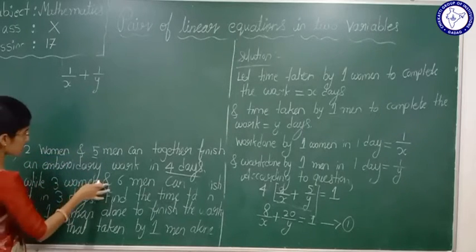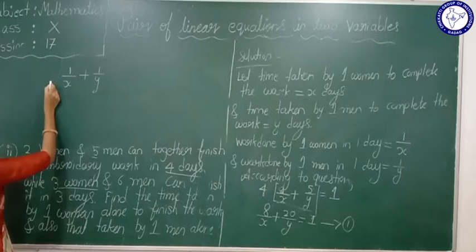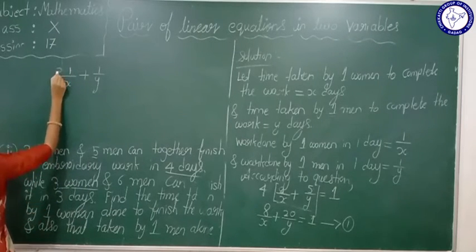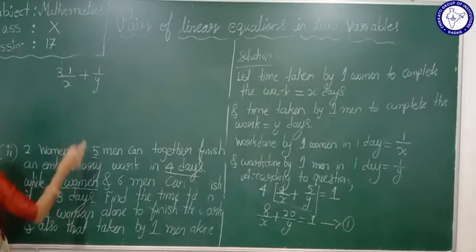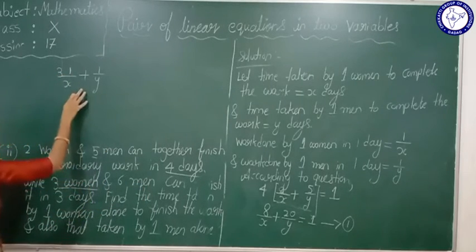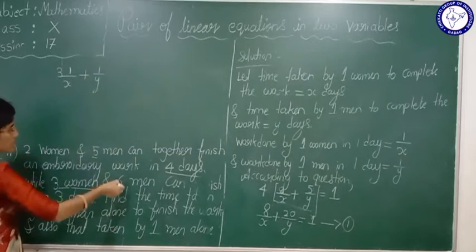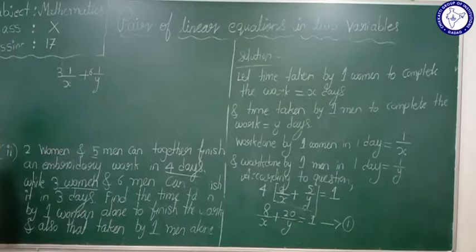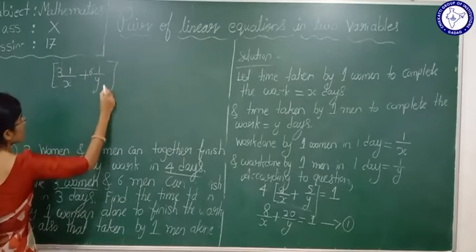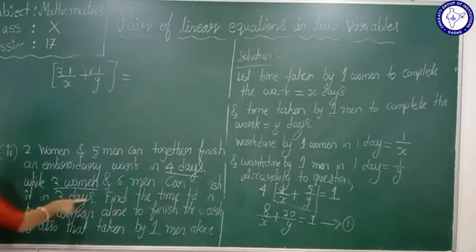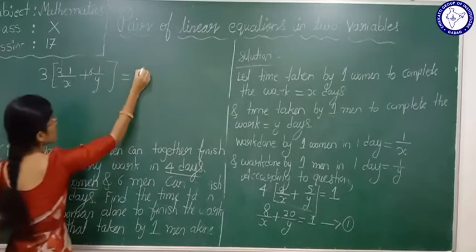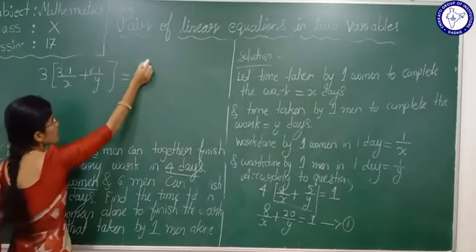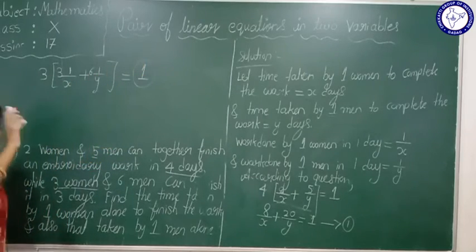Then 3 women will do 3 multiplied by 1 by x, plus 6 men will do 6 multiplied by 1 by y. For how many days have they worked? They have worked for 3 days to complete one work. We are equating with 1 because they have completed one work.